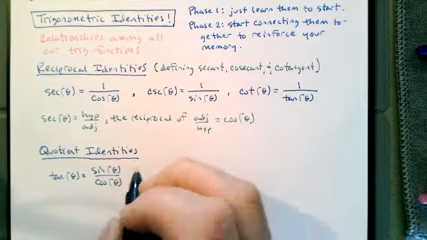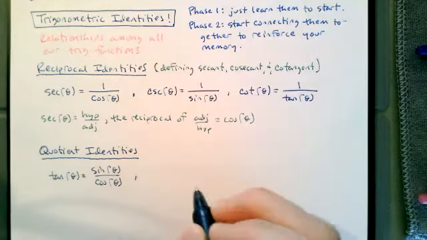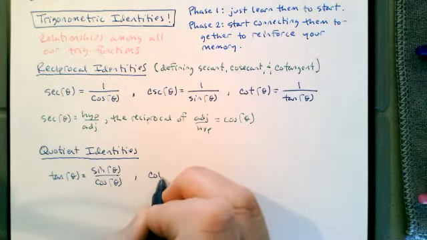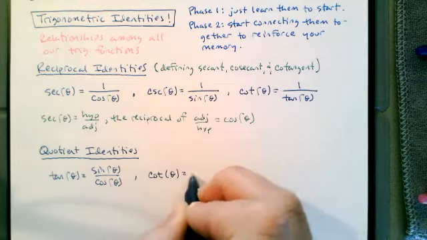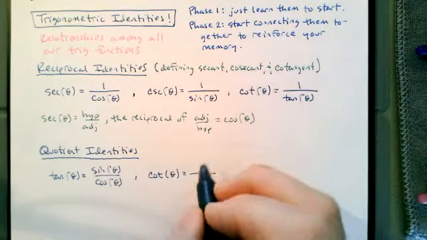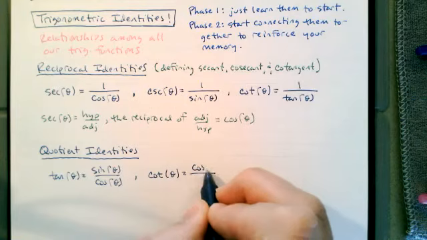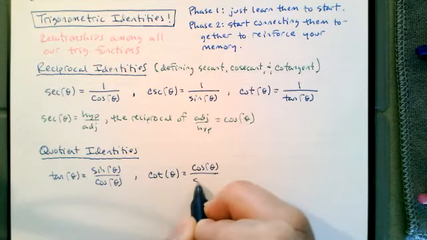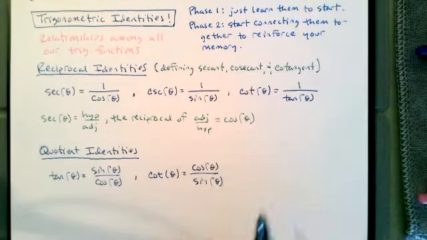And then by extending the other quotient identity, there's only two, the cotangent of theta, being the reciprocal of tangent, is cosine theta over sine theta.